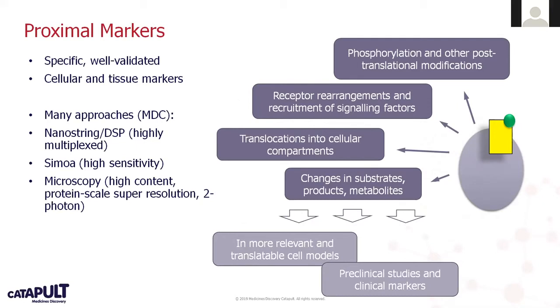You want these markers of that ligand-target interaction, and also potentially of modulation of the disease pathway, to be detectable in your cellular assay to start with, but ideally they'd be able to translate to tissue studies and other samples, so that as your project moves forward, you can bring those same markers forward as validated markers.